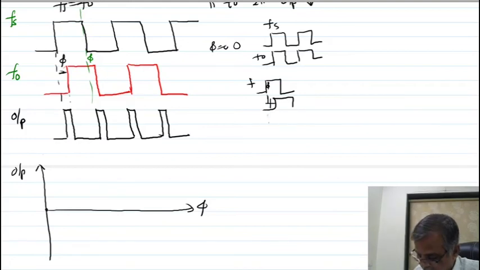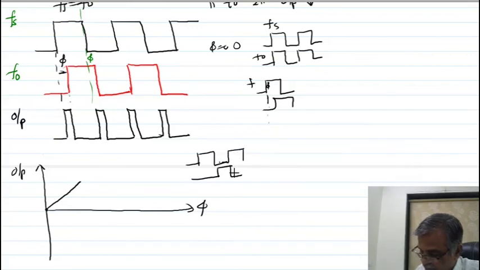When the phase phi difference increases, your output increases. And when it becomes pi, this is called pi. You can see the phase difference phi is nothing but pi. So when the phase difference phi is pi, then the output is maximum, nearly VCC.